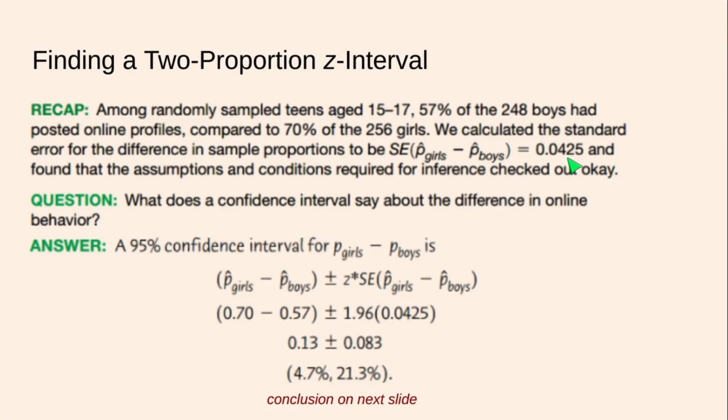Very good. Just use that formula from that prior slide that I showed you, plug values in, and you got it. We would get 13% plus or minus about 8 1/3%. So that's going to be between 4.7 and 21.3%.